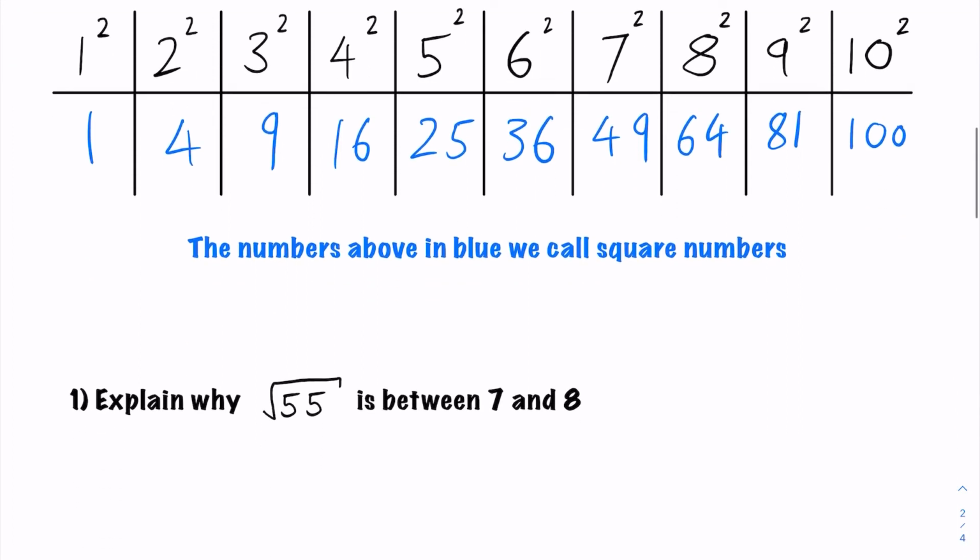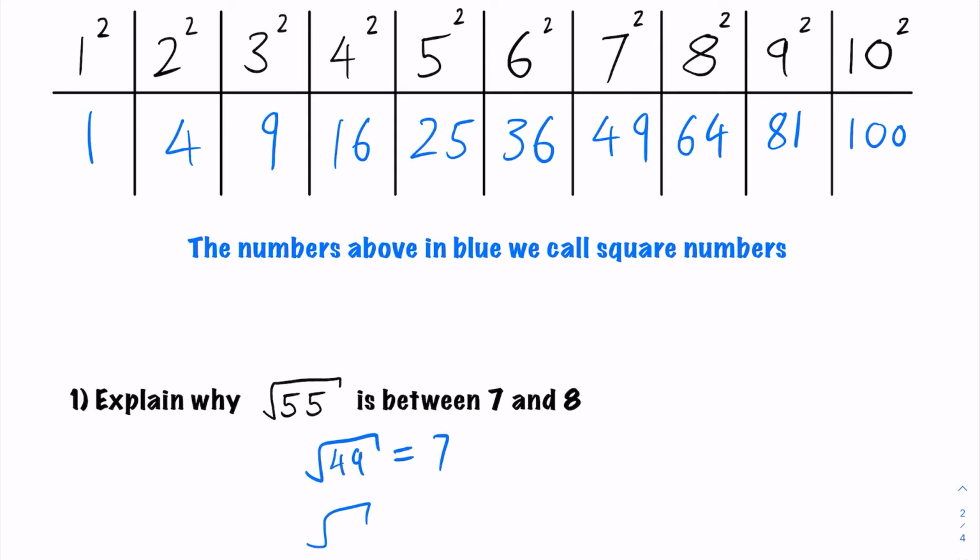So, question number 1, and we're going to leave those square numbers in sight for this one, says, explain why the square root of 55 is between 7 and 8. Looking at our table, we can see that 55 would lie somewhere in the middle of 49 and 64. The square root of 49 is equal to 7, because we know that 7 squared is 49.